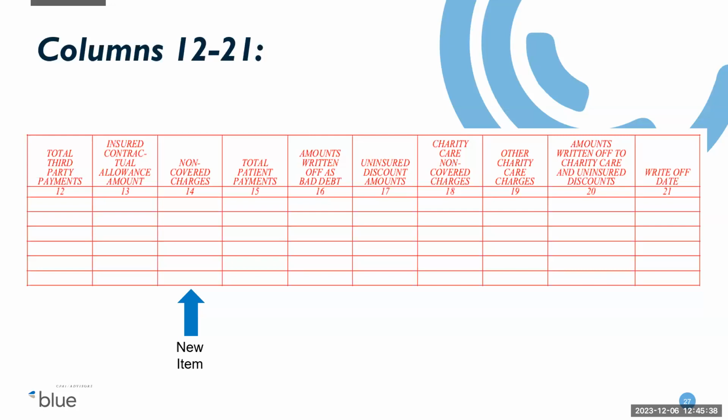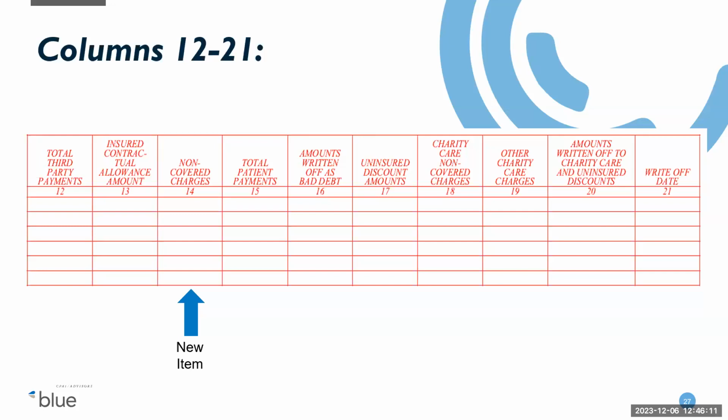So if there was some type of administrative adjustment, courtesy adjustment, some denial, some other reason for an adjustment made on the account that was not a payment and not a charity write-off. This does not include uninsured discounts, because for S-10 purposes, you can include that uninsured discount as a charity if you have it in the policy, so it would not include that. But basically everything else would fall into this non-covered charges column.